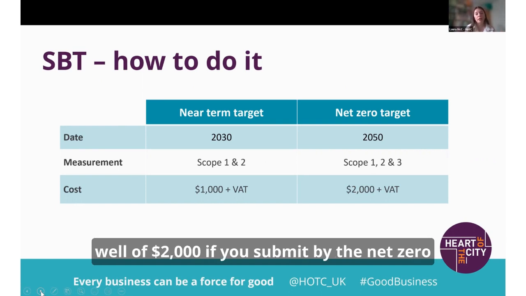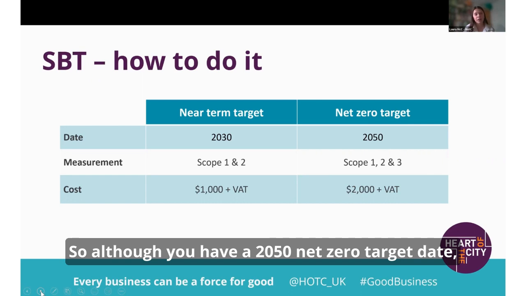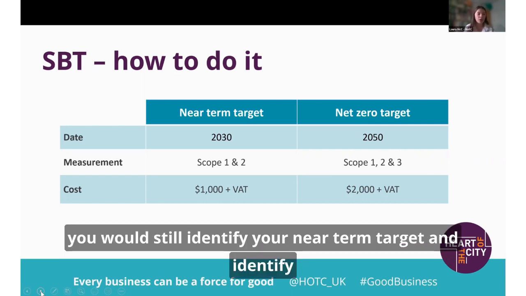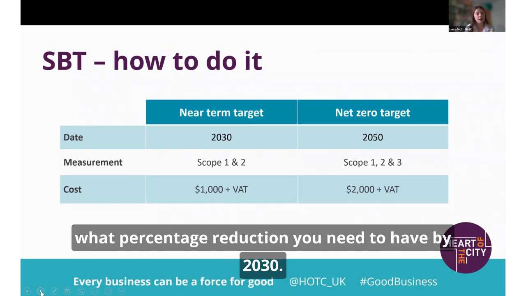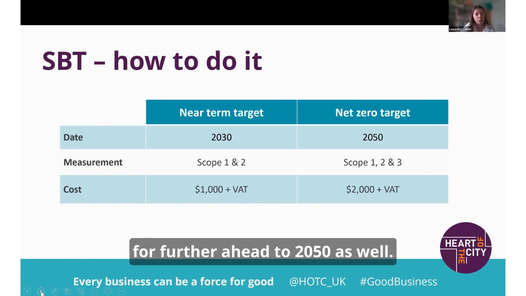If you submit via the net zero target route, it encompasses the near-term target. So although you have a 2050 net zero target date, you would still identify your near-term target and identify what percentage reduction you need to have by 2030. But also you'll be looking and projecting further ahead to 2050 as well.